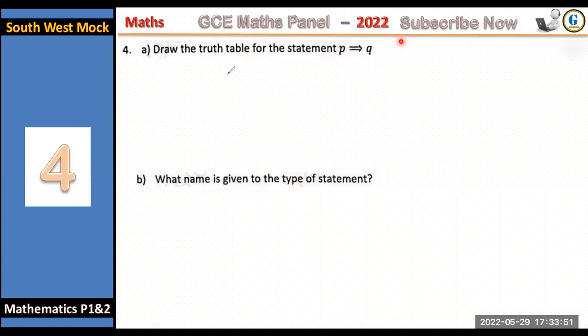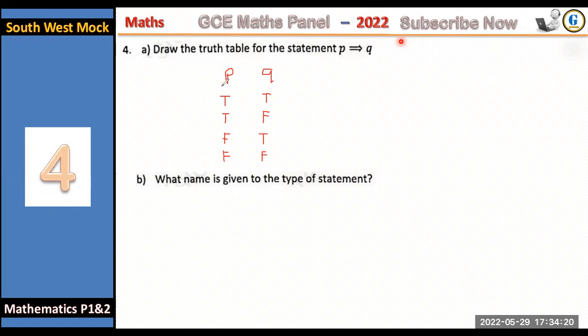So this is our P. And then we have Q. Now when P is false, false, P is true and P is true, P is false and then P is false again. Then now for Q, we have true, false, true, false.